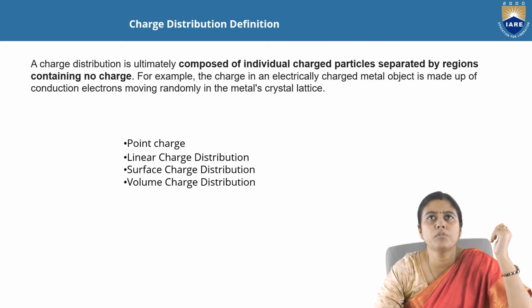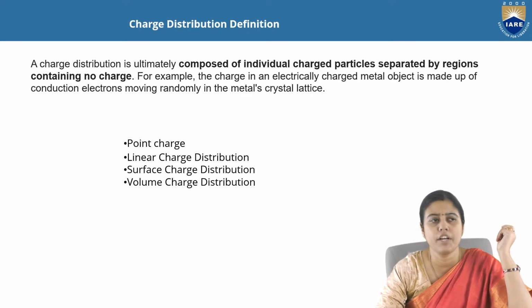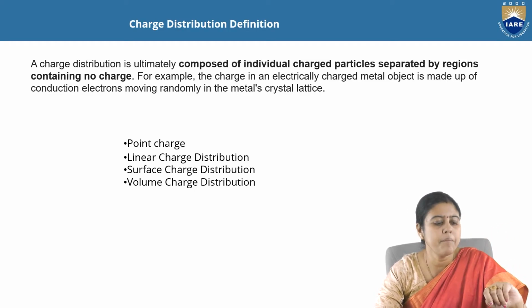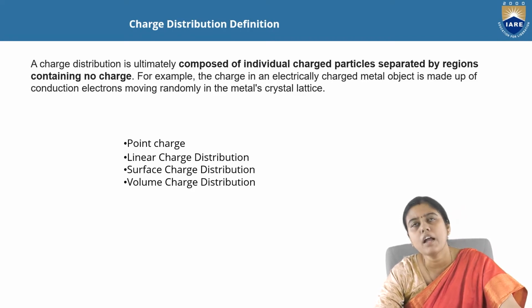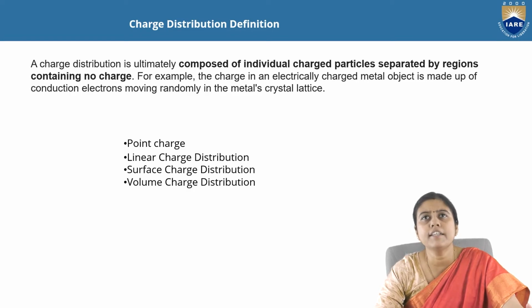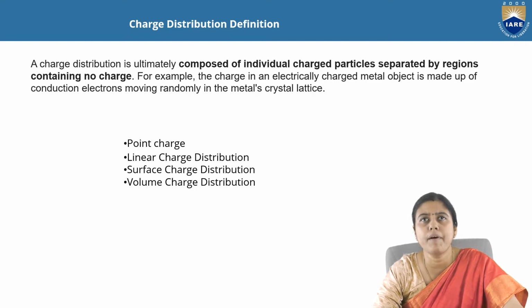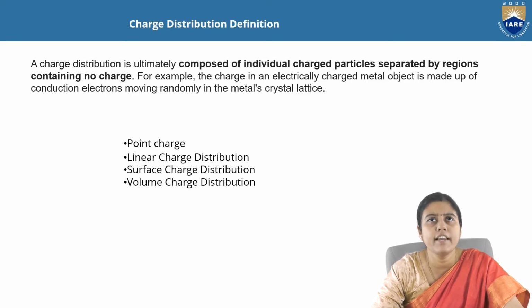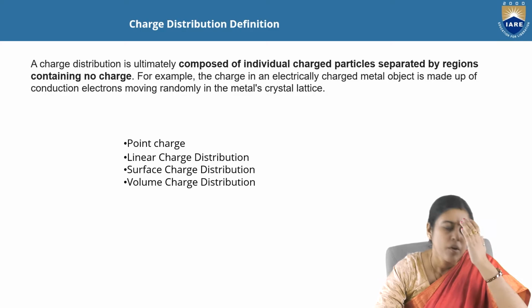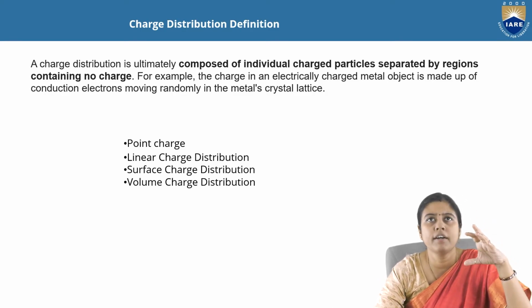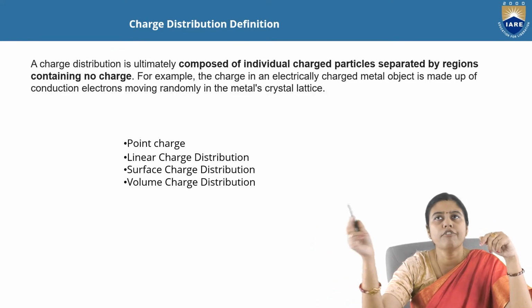Now we will come to the charge distribution. What is the meaning of the charge distribution? A charge distribution is ultimately composed of individual charged particles separated by regions containing no charge. What does it mean? Say we have one area. We have the overhead lines.